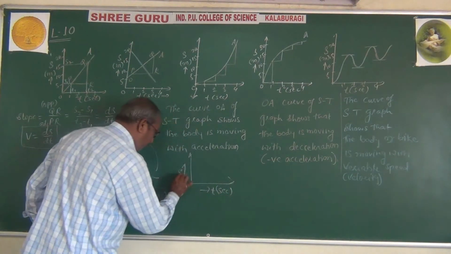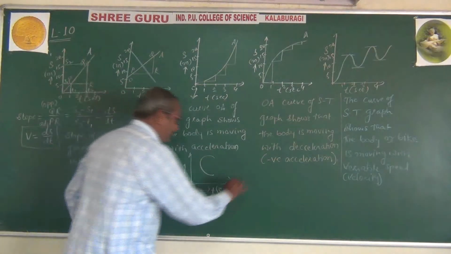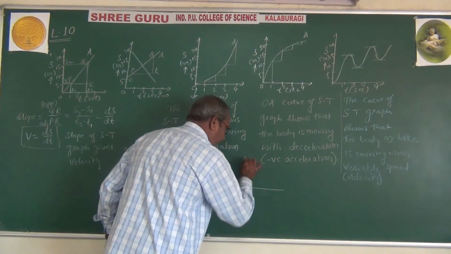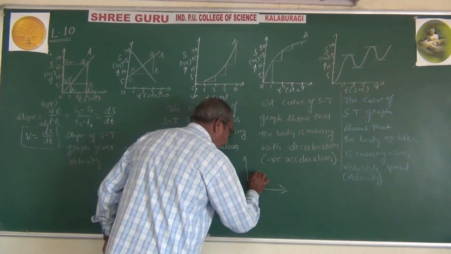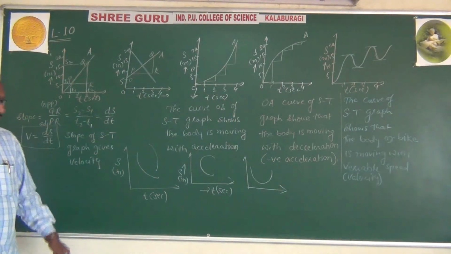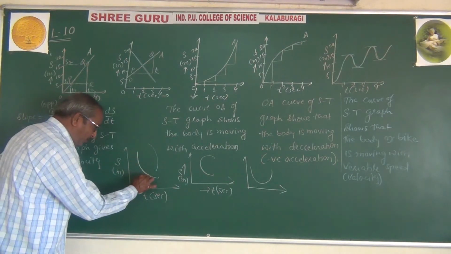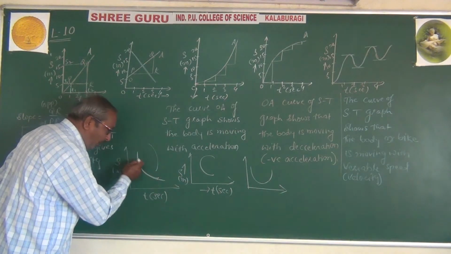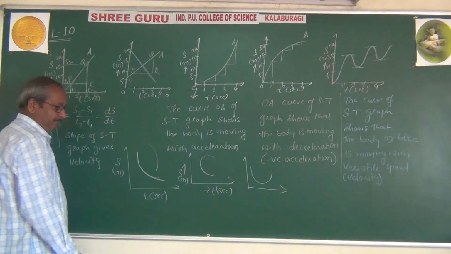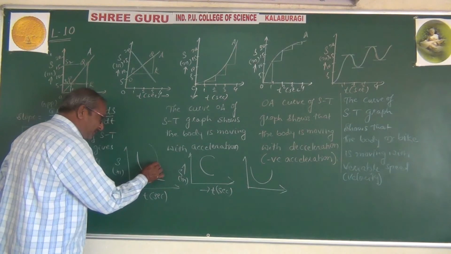Sometimes they will draw the curve like this. Different. So here it is shown that the velocity or the speed will go on decreasing. Here it is shown that the velocity is increasing like this.